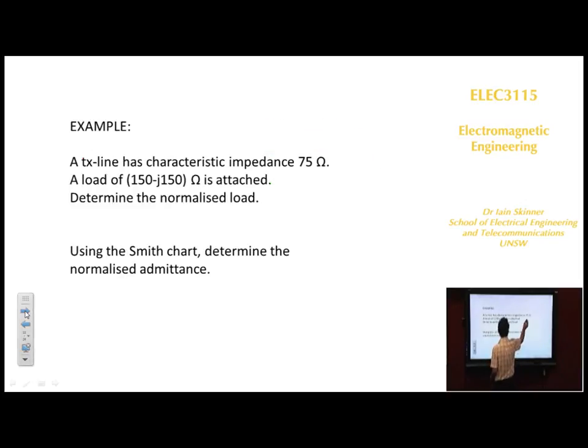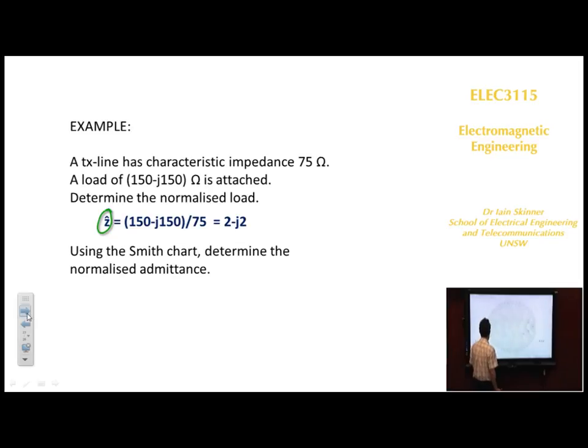Transmission line, characteristic impedance is 75, the load of 150 plus J150 ohms. Determine the normalised load, and then use the Smith chart to determine a normalised admittance. Normalising, 150 you divide by 75 gives me 2 minus 2j. So that's our normalised load.